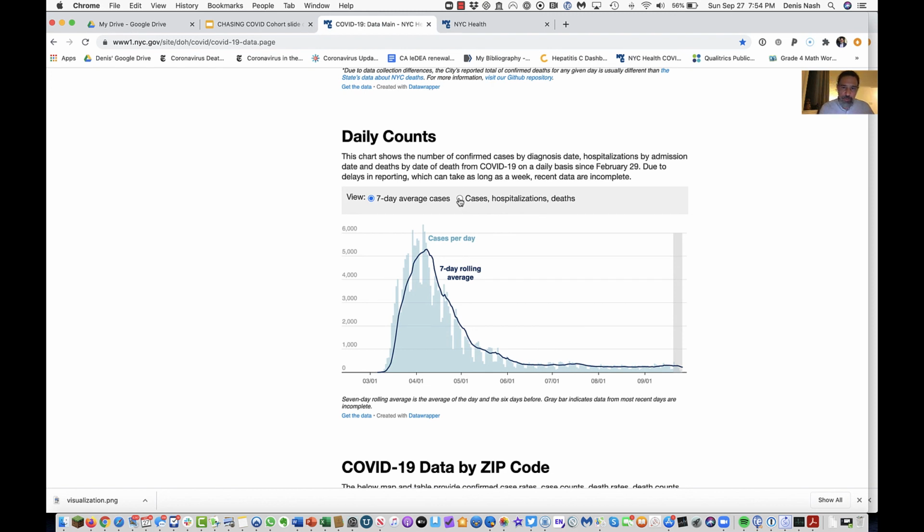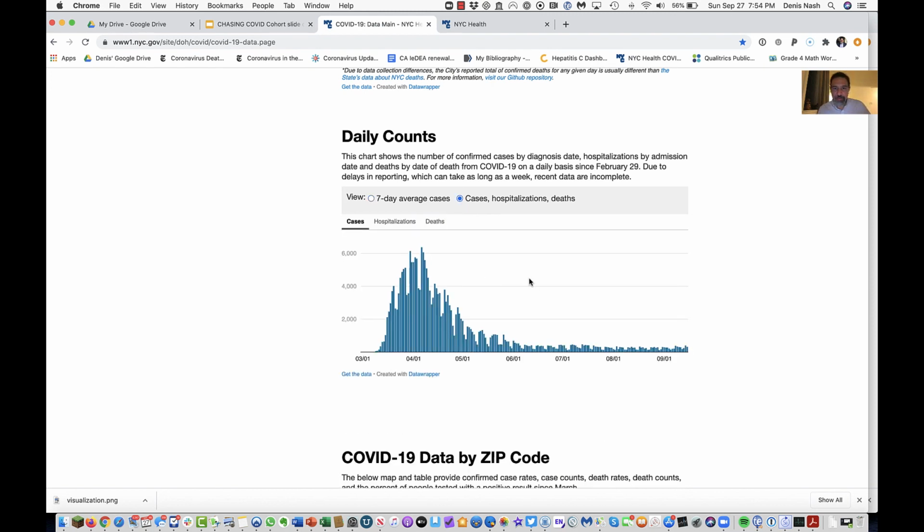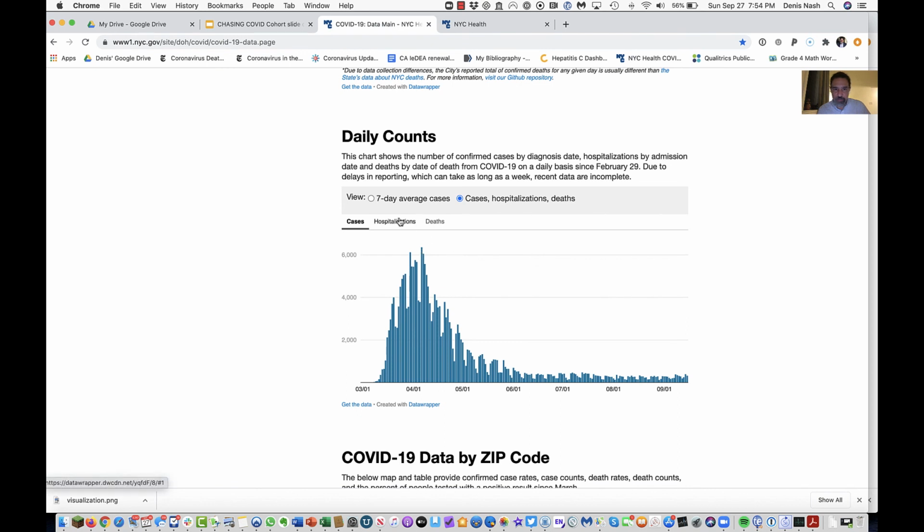And you can also see trends in the number of cases over time. We were just looking at cases, but you can look at hospitalizations. And this is what we've been looking at for a very long time now in New York City, seeing that the number of hospitalizations related to SARS-CoV-2 has really been quite low, hovering between 20 and 30 per day, comparing that to what we were looking at, 1,700 or so in the peak period of the surge in the spring.